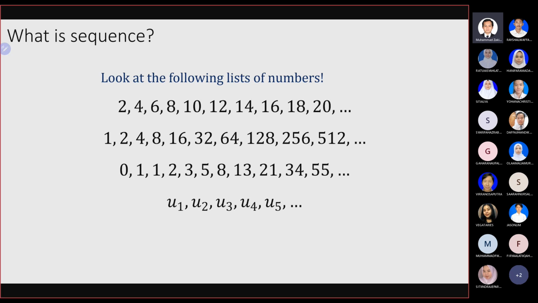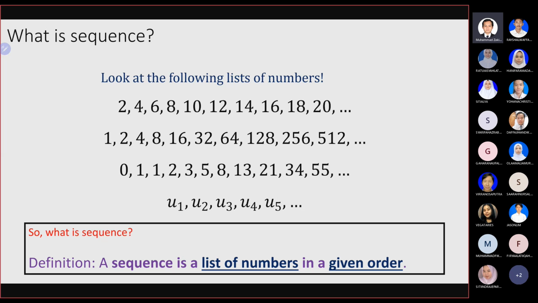And you see at the bottom list we have U1, U2, U3, and so on. So basically, what is a sequence? Sequence is basically a list of numbers in a given order. The sequence is basically a list of numbers, but it must have order.